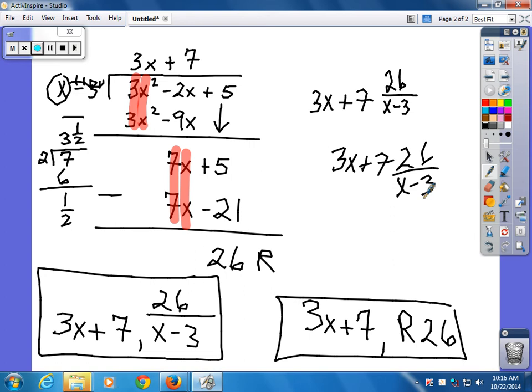So you don't want to do this. If you're going to write the remainder over the denominator, do it this way with a comma. And a lot of people are used to doing this, and they get confused when they see an answer written like this. Both of them are the same.